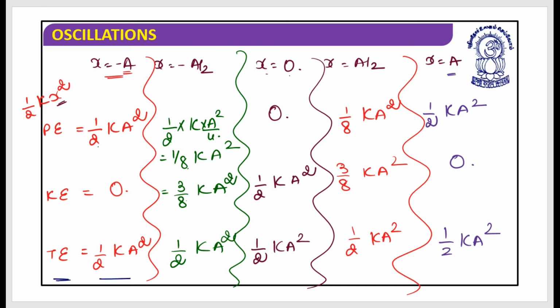Look at this instant, the total energy at minus a is half k a square, half k a square, half k a square. This never changes.